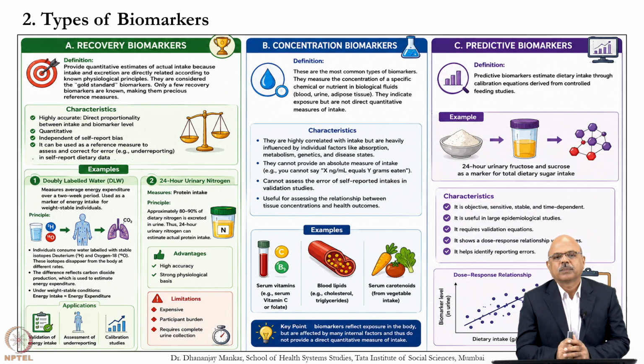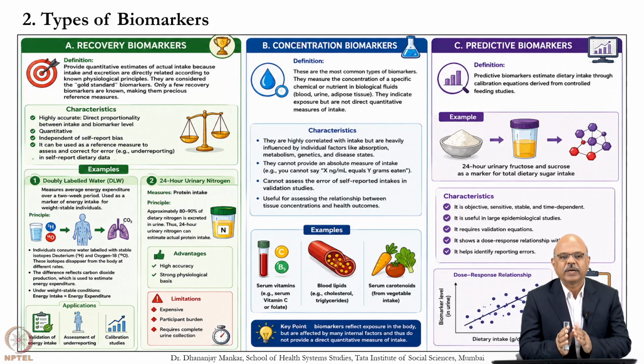Concentration biomarkers. These are the most common types of biomarkers that are used, and they measure the concentration of specific chemical or nutrient in the biological fluids, like blood, urine, adipose tissue. They indicate an exposure, but they are not a direct quantitative measure of intake, just like the recovery biomarkers.